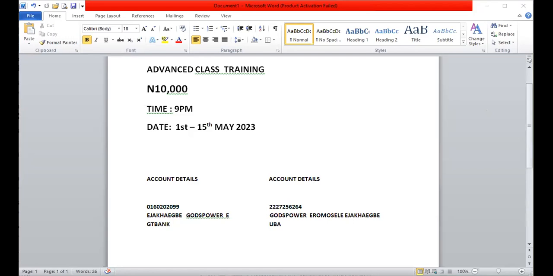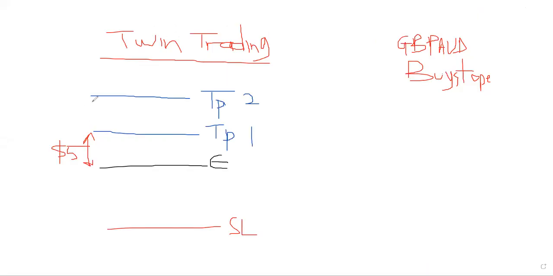So this is the take profit one, which is $5, and take profit two is $10. So what this means is if you have a trade that comes up like this, it hits the entry point. Once it hits TP1, that line will disappear. You would have been in $5 already.